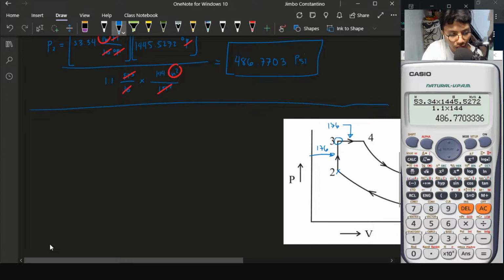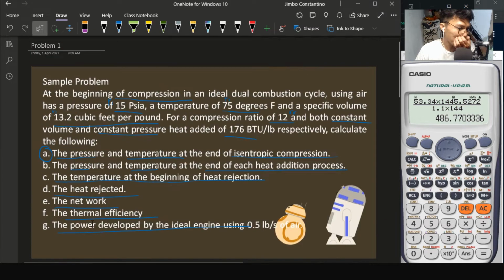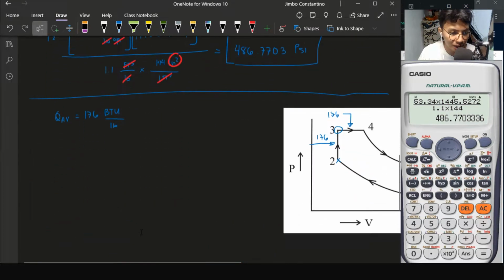Di ba ang QA at constant volume is 176 BTU per pound? Check natin kung 176 ha. Tama, 176. So, QAV is M CV delta T. CV delta T. Okay? T3 minus T2. Meron tayong T2, wala tayong T3. So, let us solve for T3.